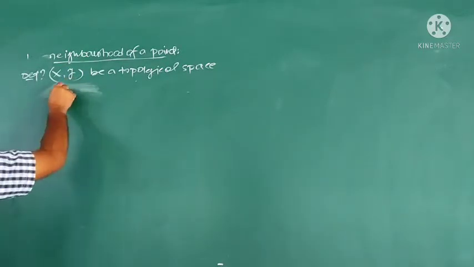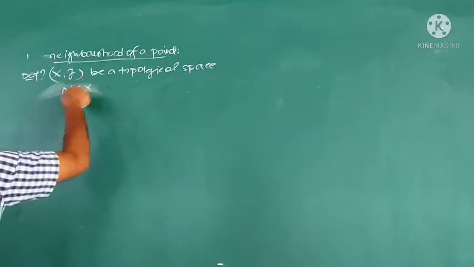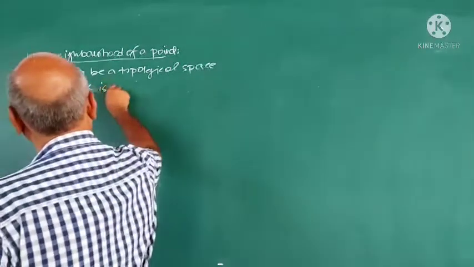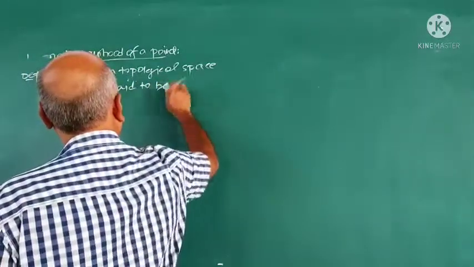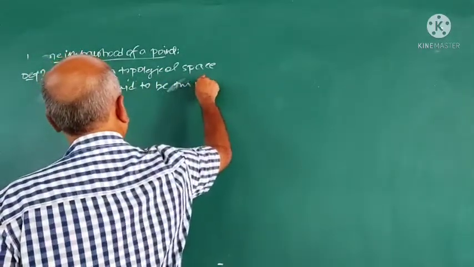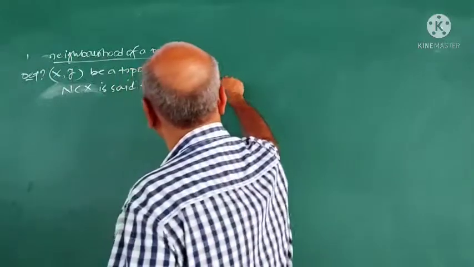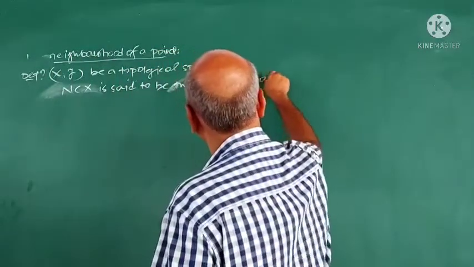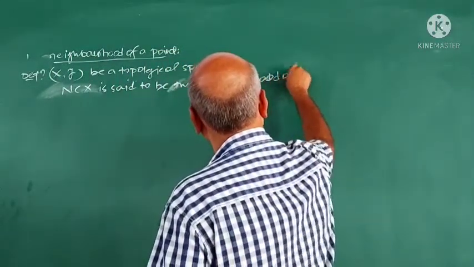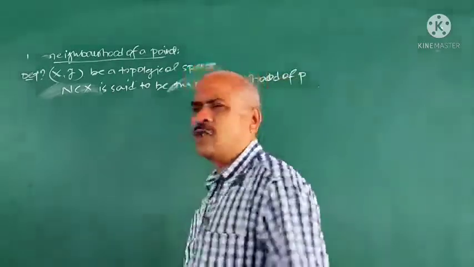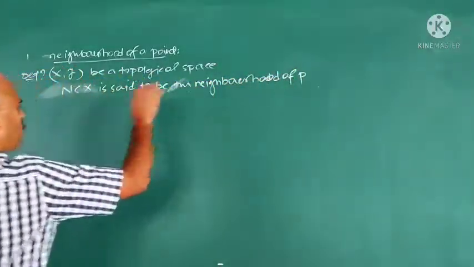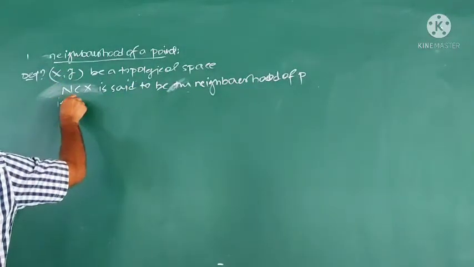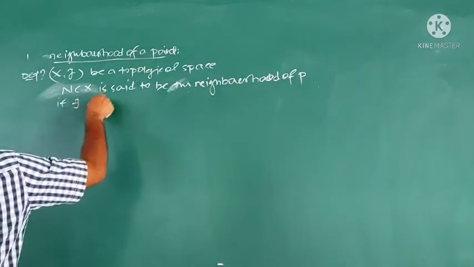A subset N of X is said to be the neighborhood of P if there exists an open set.